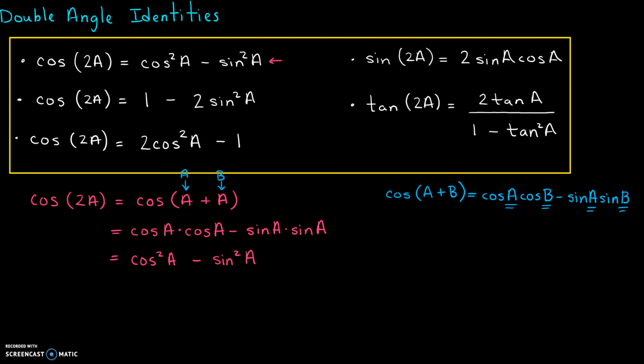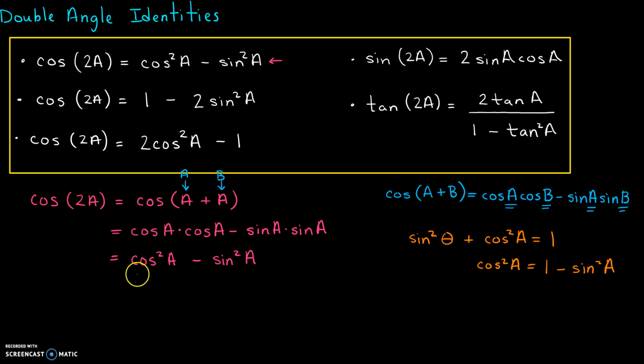Well, you need to think back to two sections ago when we looked at the Pythagorean identities and discussed this important one: sine squared of some angle theta plus cosine squared of theta is equal to 1. If I solve for cosine squared, I move the sine squared to the other side by subtracting it on both sides, so cosine squared is equal to 1 minus sine squared.